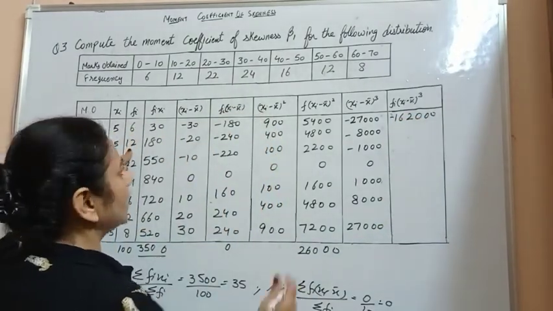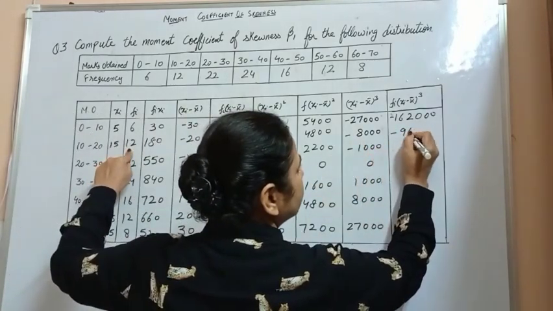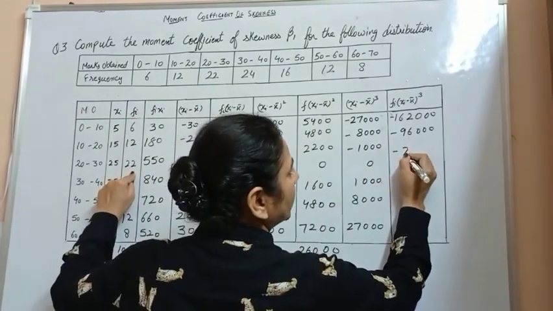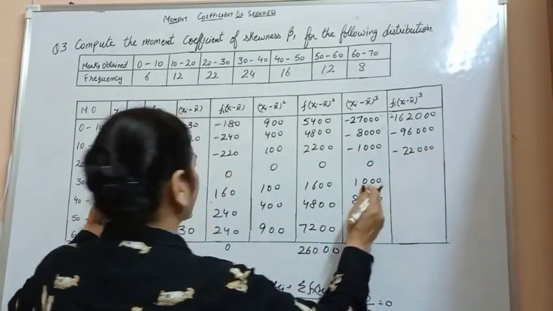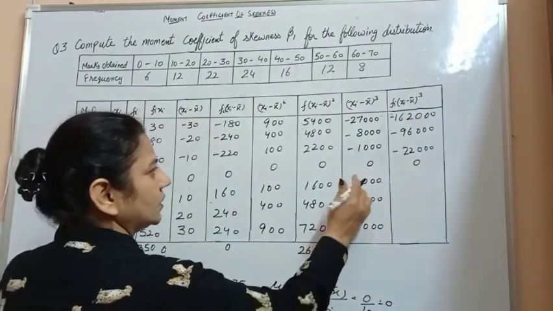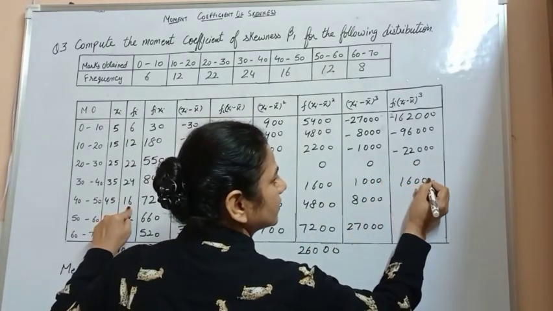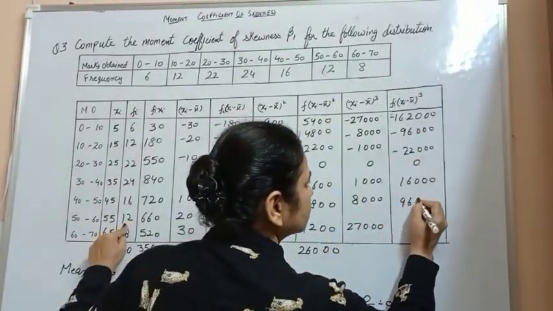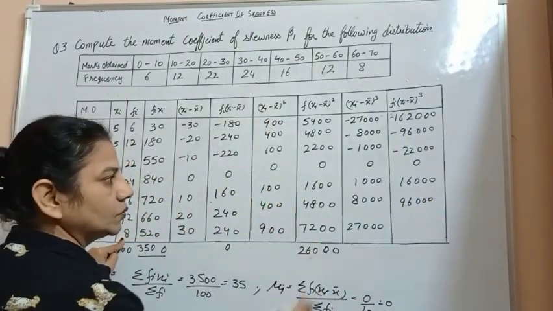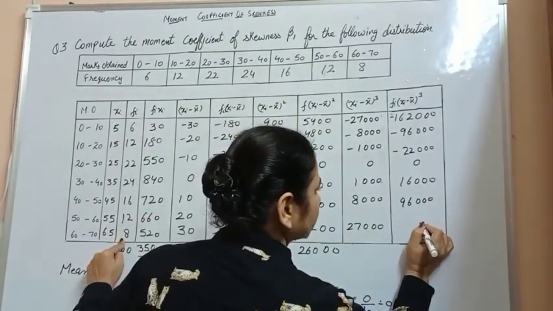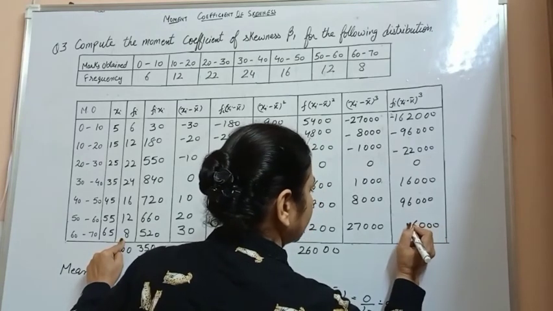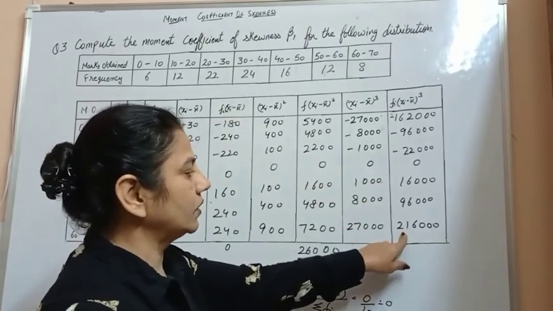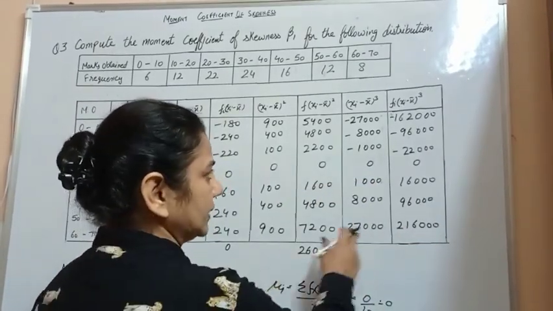Then 12 into minus 8,000 is minus 96,000. 22 into minus 1,000 is minus 22,000. 24 into 0 is 0. 16 into 1,000 is positive 16,000. 12 into 8,000 is again 96,000. 8 into 27,000 is 216,000.